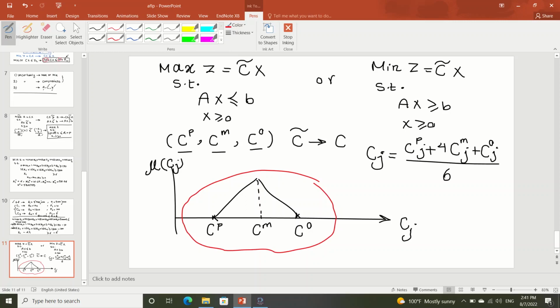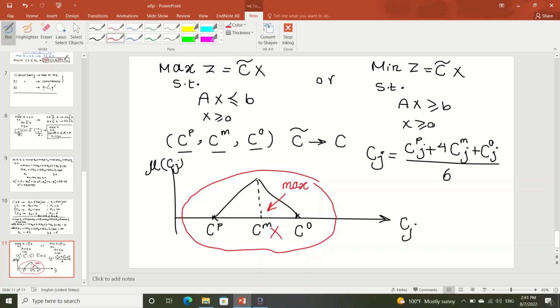If you maximize this objective function Cm multiply x, decision variables, okay?